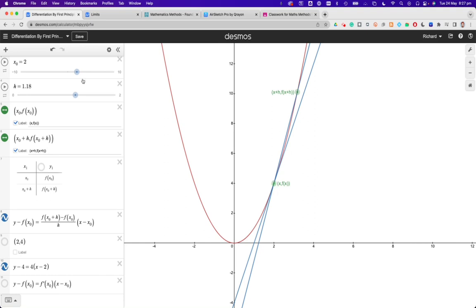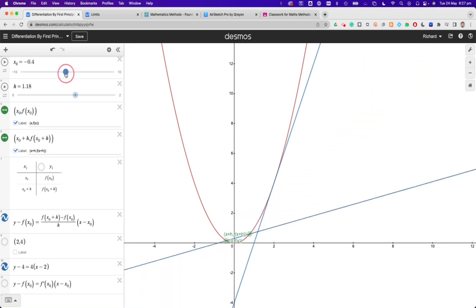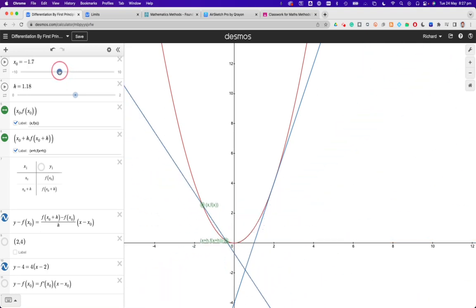So at the moment it looks like this, but if I move x around, we can see that secant line is getting steeper or flatter as we move x around. It's only the same when I've got the same gradient as this one here. So I'll turn it off so it's not confusing.